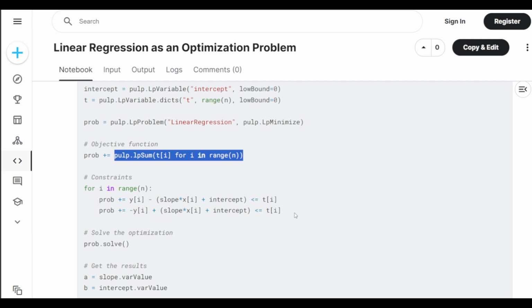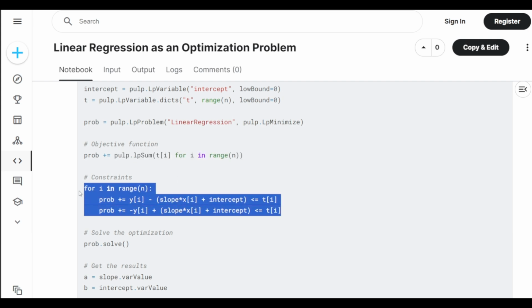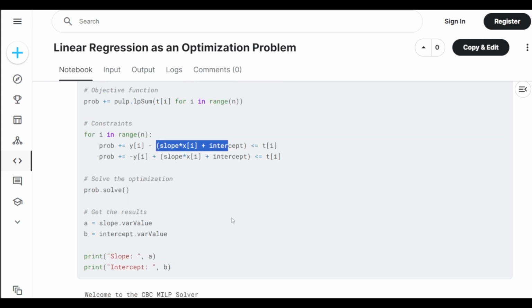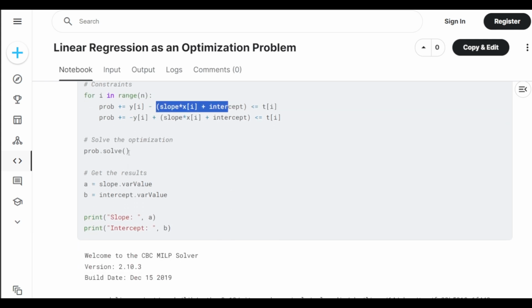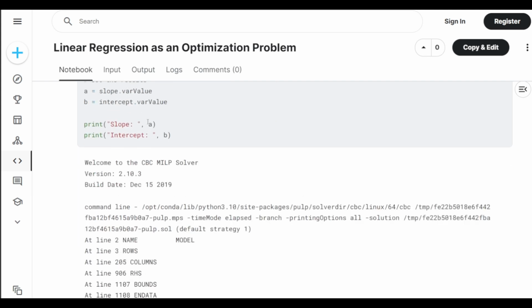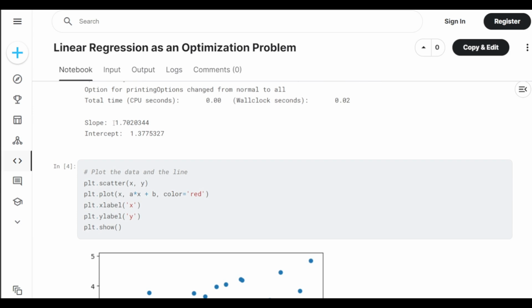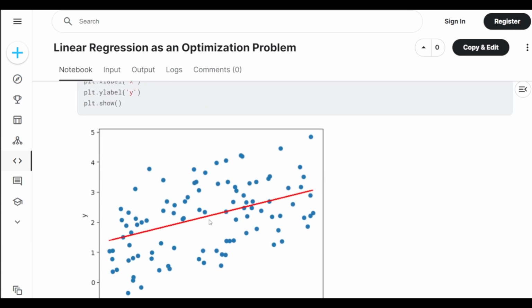Our constraints are going to be this. We would want to find the minimum value of actuals minus predicted. And then we can call solve, and we can print out the slope and intercept. So in this case, the slope is 1.7, the intercept is 1.3, very close to 2 and 1. And if we plot the line, this is the best fit line.